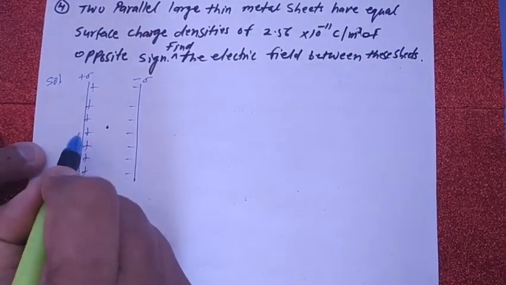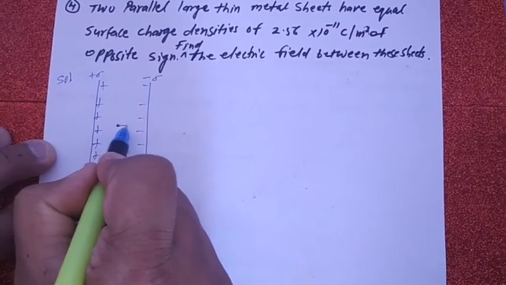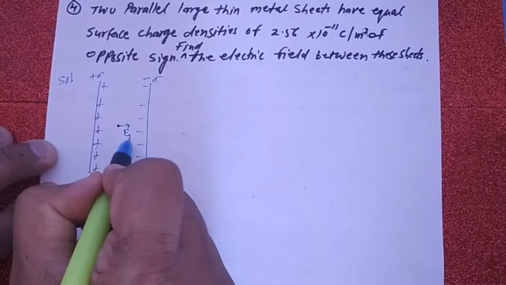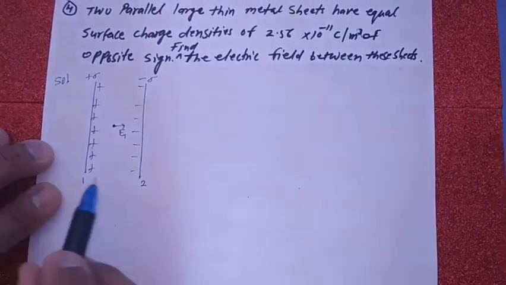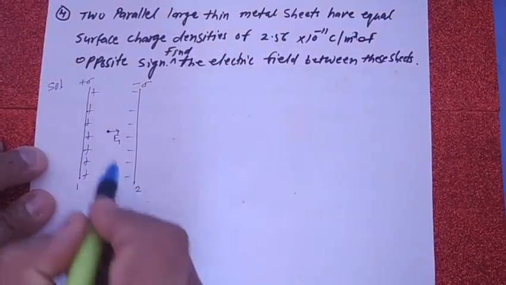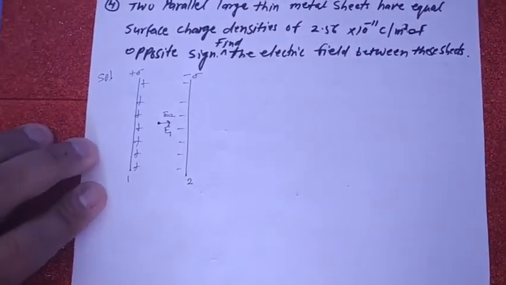So this sheet is 1, this is 2. Here this unit charge will experience a force E1 due to the repulsion, but at the same moment this charge will experience an attractive force towards 2. So this E2 is also in the same direction.